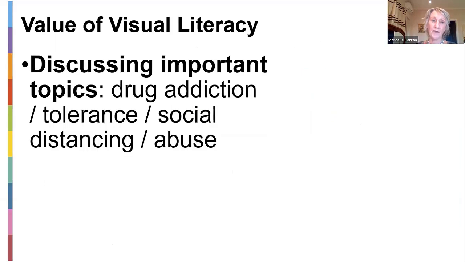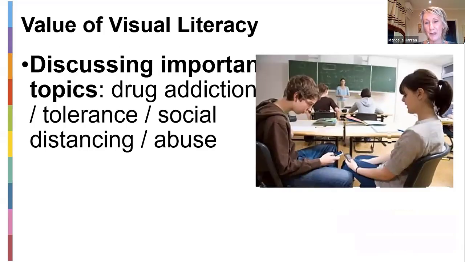Okay, also the value of visual literacy is that it helps you discuss important topics. So if you're going to be speaking about drug addiction or tolerance or social distancing or abuse, use of cell phones in classrooms, it's good to have the visual because it inspires and triggers responses from students and they can understand what you're getting at.